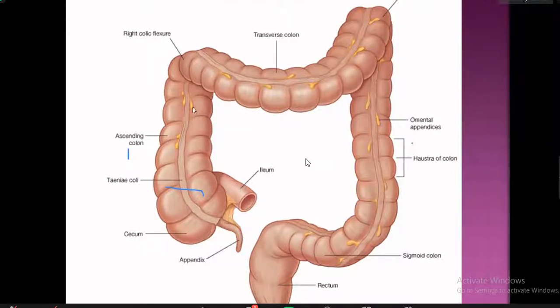You see, you have these fats which are found on the surfaces of the large intestine. This also helps us to differentiate portions. This is not found on the rectum.